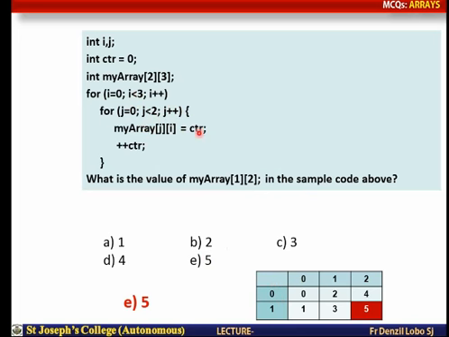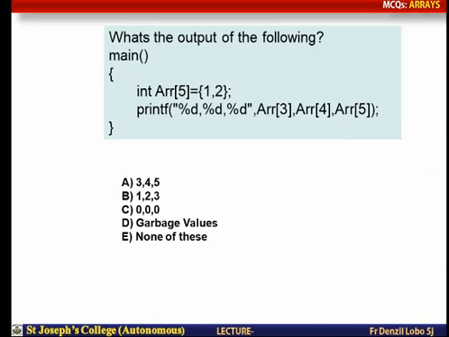First it is 0 here, then it becomes 1 here. It comes to the next, as you see here, j is incremented. It goes 0, 1, 2, 3, 4, 5. It is going to be filled not row wise but column wise. Therefore, here 1, 2, 1, 2 is going to be 5.